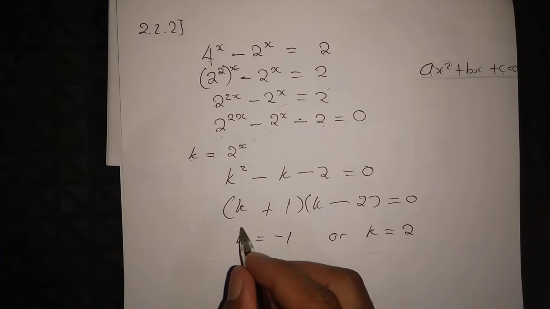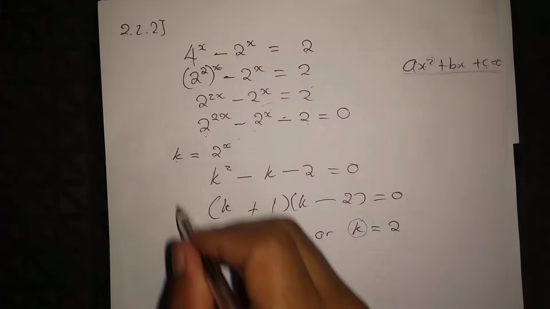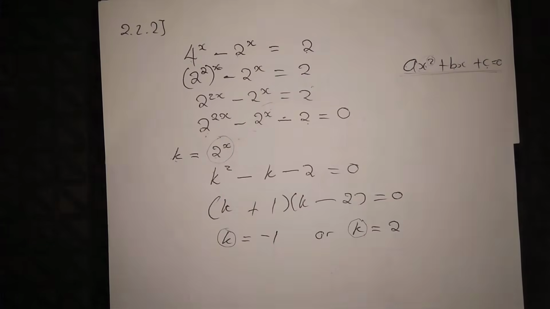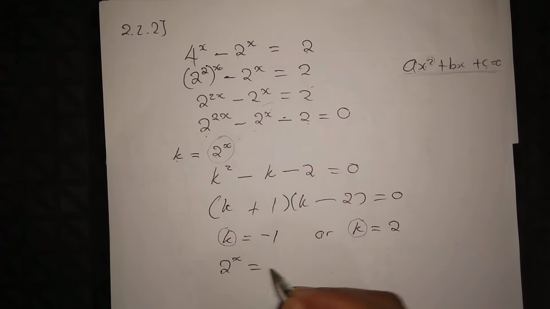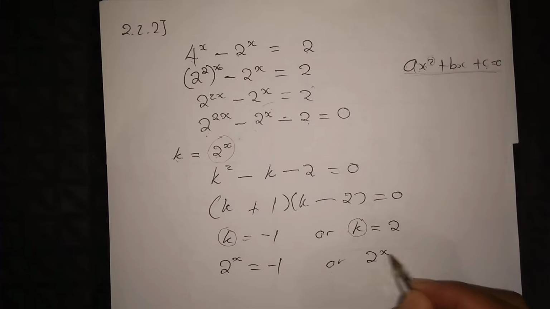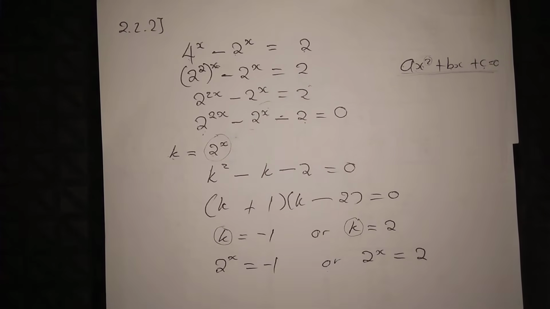Right, now after getting the values of K, you substitute your 2 exponent x back. So 2 exponent x is equal to minus 1 or 2 exponent x is equal to 2, because K is equal to 2 exponent x.